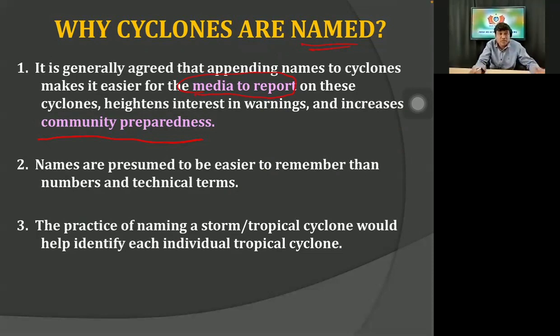Because these cyclones are very catastrophic, and most of the time become very severe, they affect coastal communities very negatively. So we should name the cyclones so that we can pre-plan. And names are presumed to be easier to remember than numbers and technical terms.